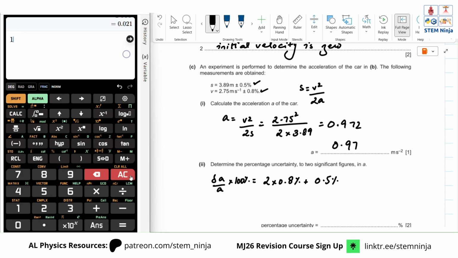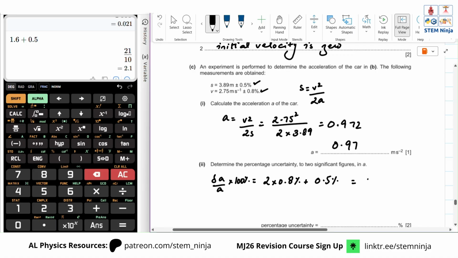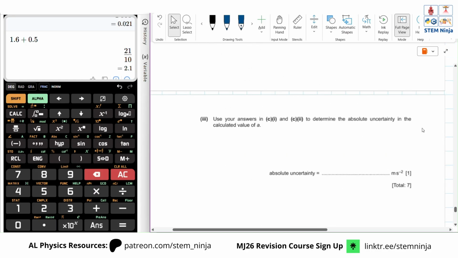So 1.6 plus 0.5, this is 2.1%. That's it.